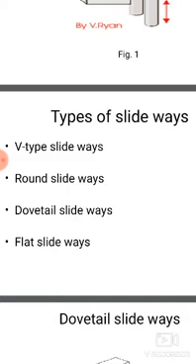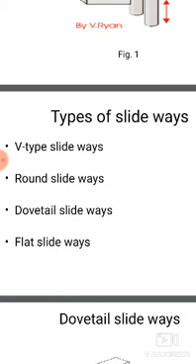The V-type slideways are arranged down on the machine. To keep the position of adjustment due to gravity, we use V slideways.